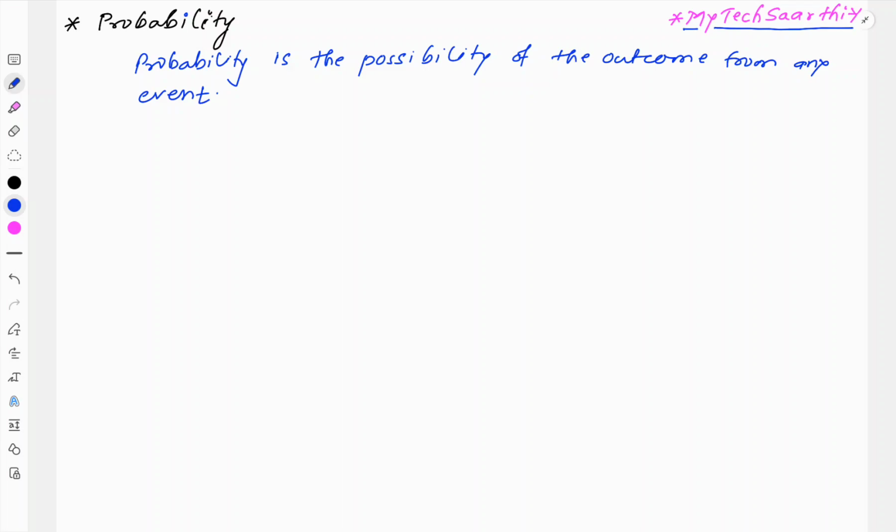this probability tells us to what extent the possibility is there that the event will occur as per the condition.